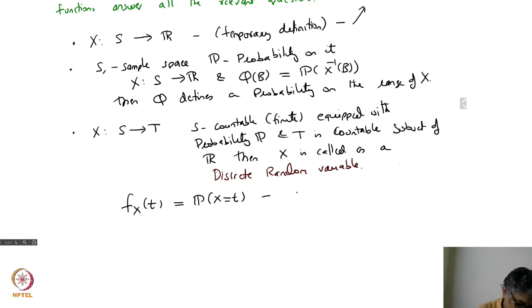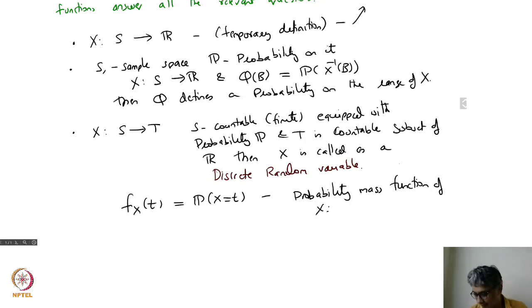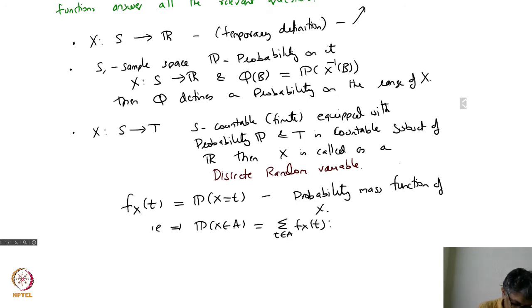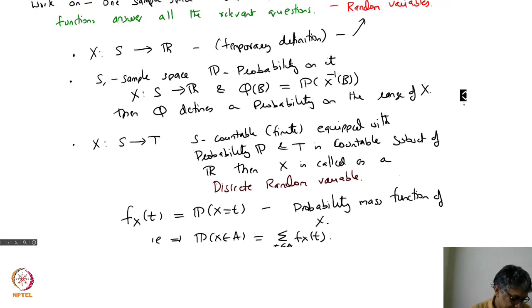And this is called the probability mass function of X. One advantage is that if you want to understand the chance that X is in an event A, you just have to sum f_X(t) over t in A. So any event concerning X can be gotten from f. This is where we were at last time.